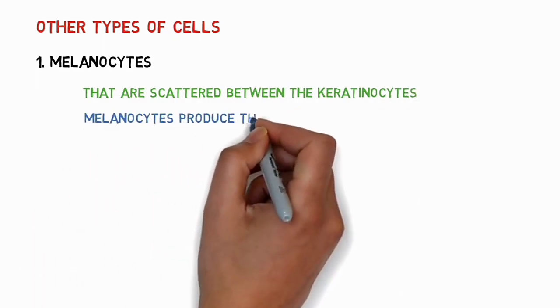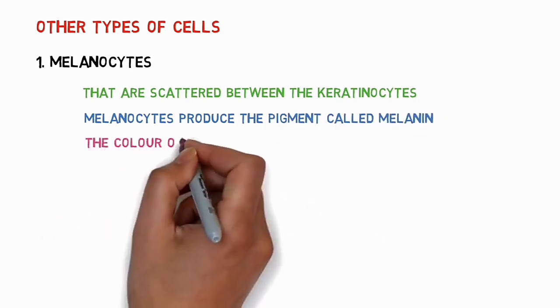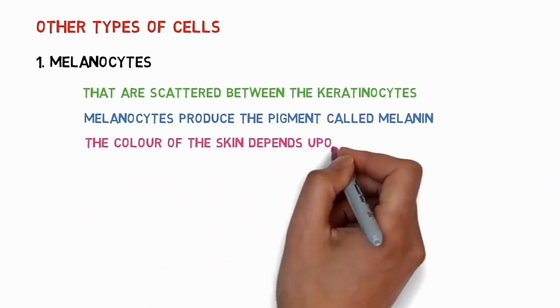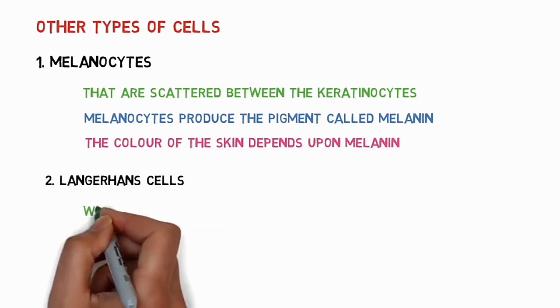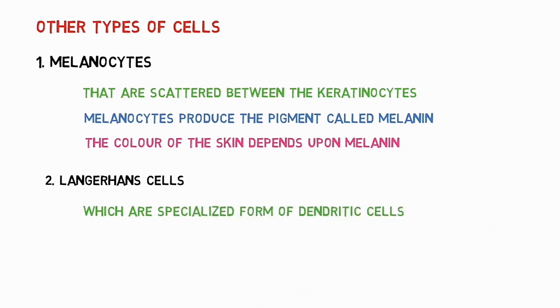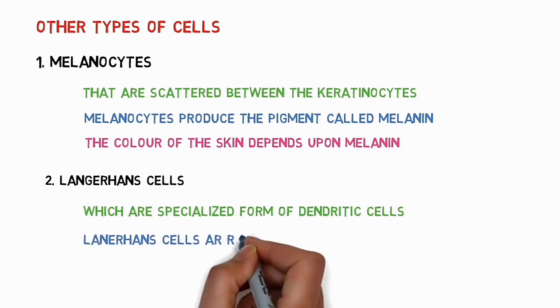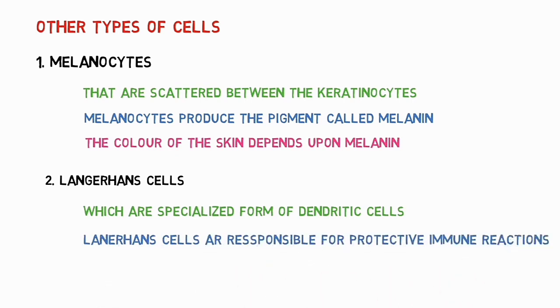Melanocytes produce the pigment called melanin. The color of the skin depends upon melanin. Second, Langerhans cells, which are a specialized form of dendritic cell. Langerhans cells are responsible for protective immune reaction.